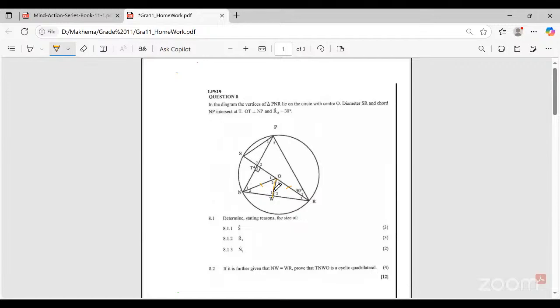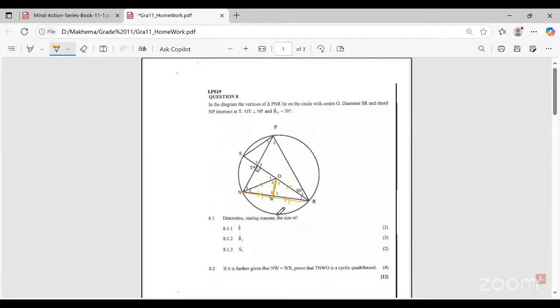You are saying OW is common. Okay. Then NW is equal to WR. It's given. You are saying NW is equal to WR. It is given that these are equal. Okay.